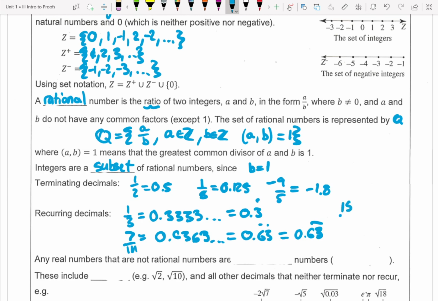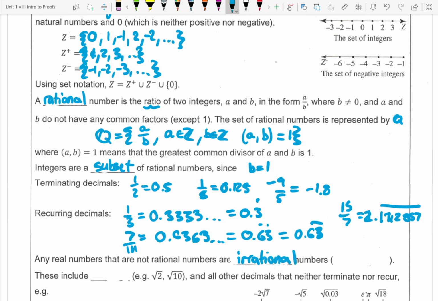Or it might be something like 15/7ths, which actually has 6 repeating numbers. So this ends up being 2.142857 recurring.